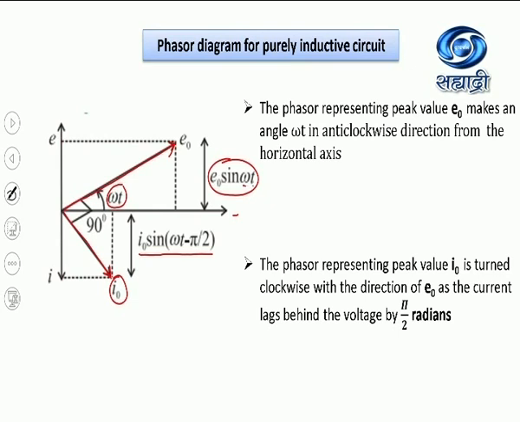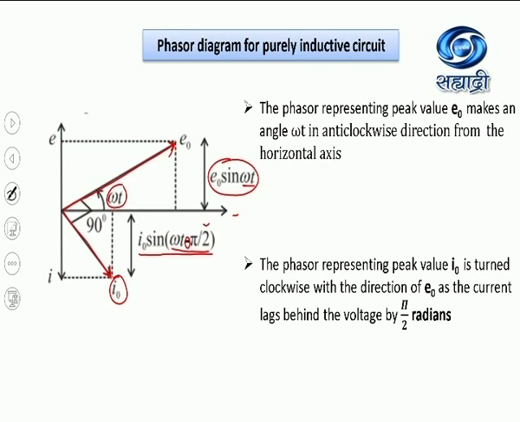Now for EMF the phase is omega t, and for current the phase, if you remember the earlier expression, is omega t minus pi by 2. And what does a negative sign indicate? That the current is lagging behind the EMF in phase by pi by 2 radians, lagging behind by negative sign, leading by positive sign.